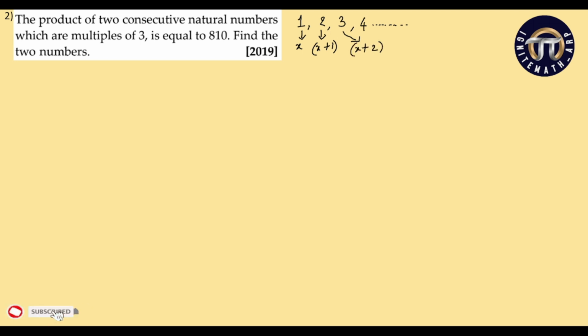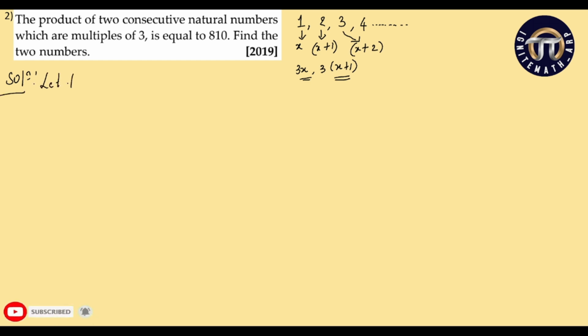Clear, children? So now here we are to take not only consecutive natural numbers, but consecutive natural numbers which are multiples of 3. So I'm going to take the first number as 3x and the second number as 3 into x plus 1, because the numbers I'm going to choose should be multiples of 3. Clear, children? So here I will write, look at the solution very clearly.